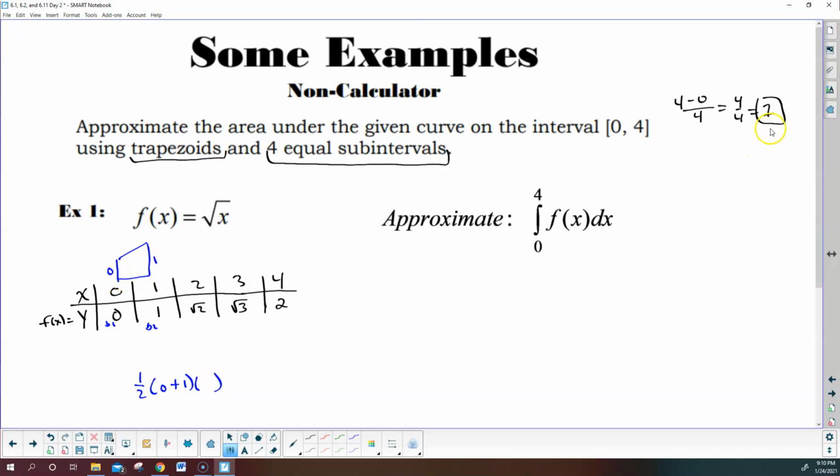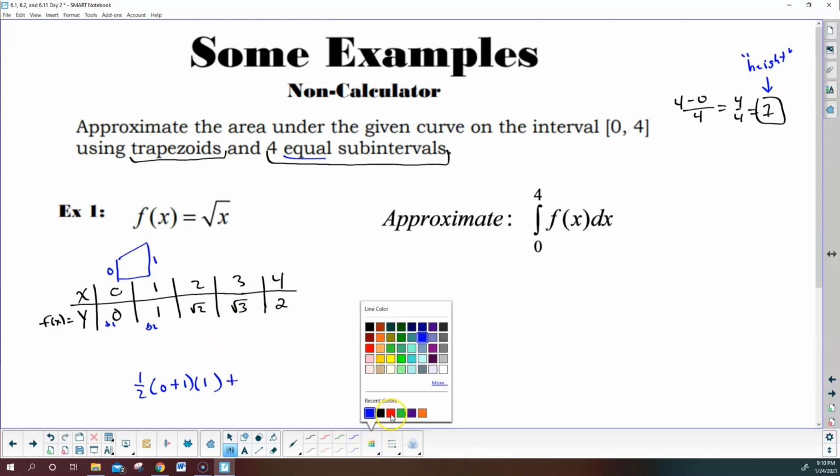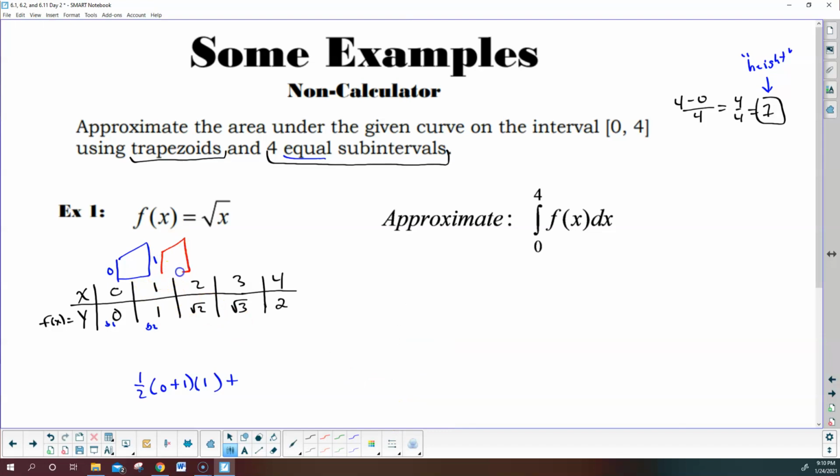Now notice, all of the distance between each interval, or the height, is 1 because of the word equal. So I know that this is going to be a 1, which makes this really quick. You hopefully don't even need to draw these pictures in. But I'm going to draw them in just to kind of help you out.